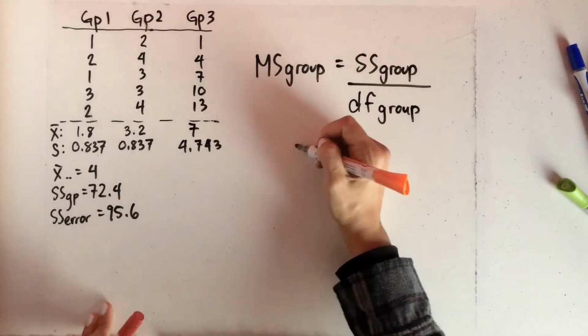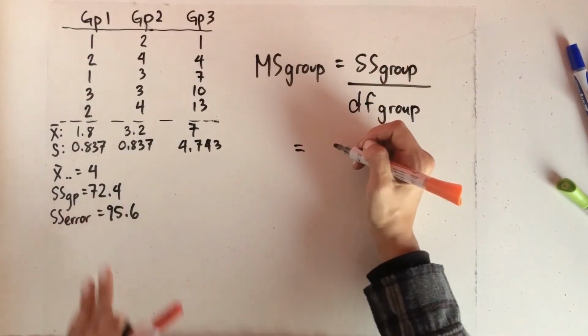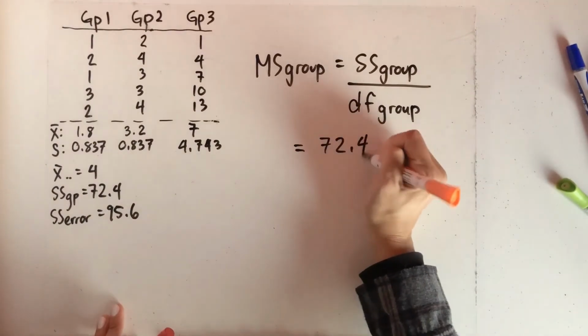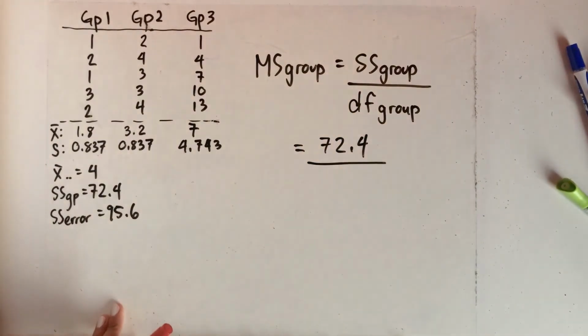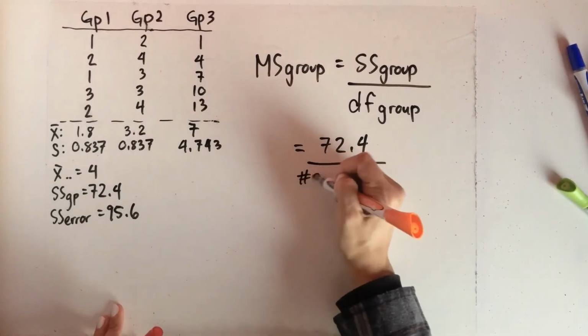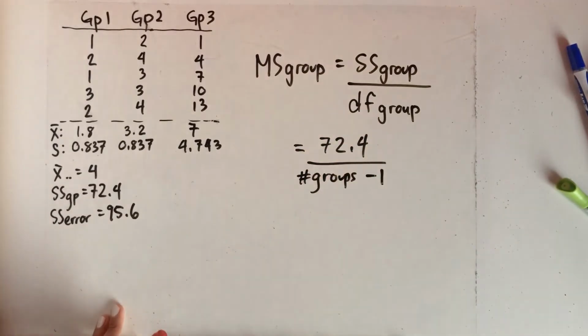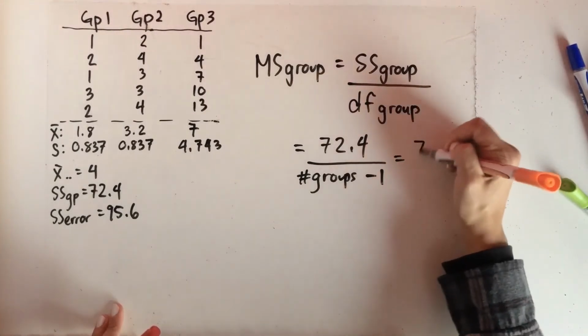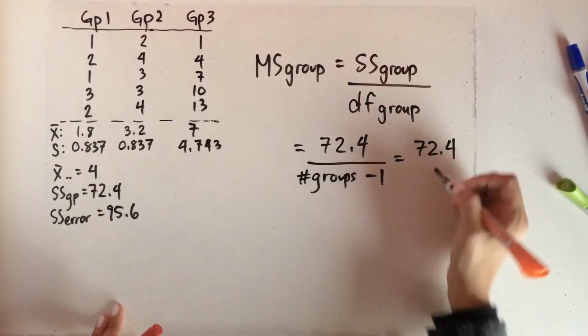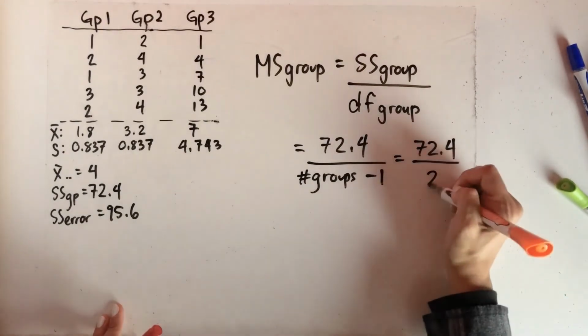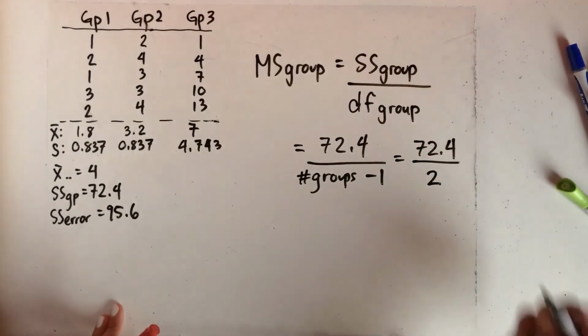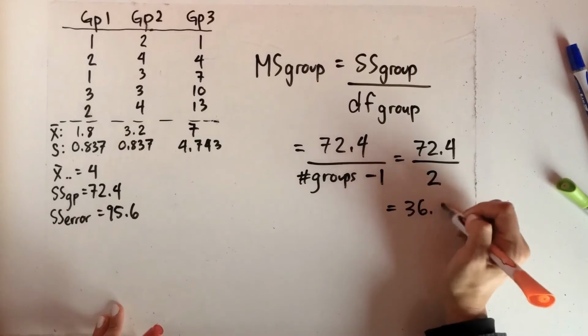So sum of squares group we have on the left is 72.4, while the degrees of freedom for group is the number of groups minus 1. It's a between subject design with 3 groups. Therefore, we'll be dividing 72.4 by 3 minus 1, or 2. And when we do that, we end up getting 36.2.